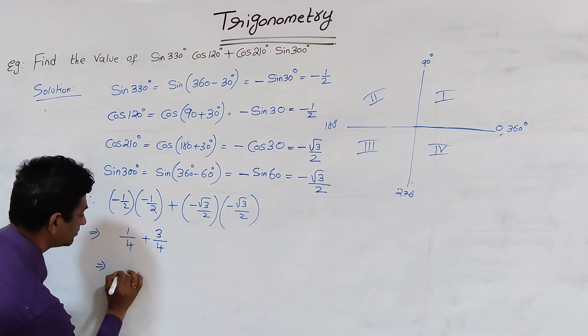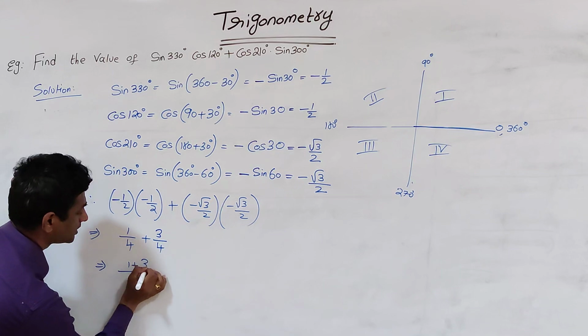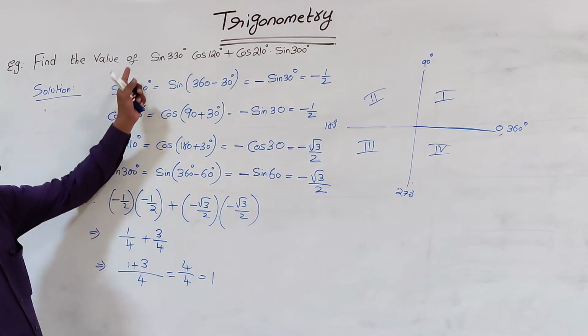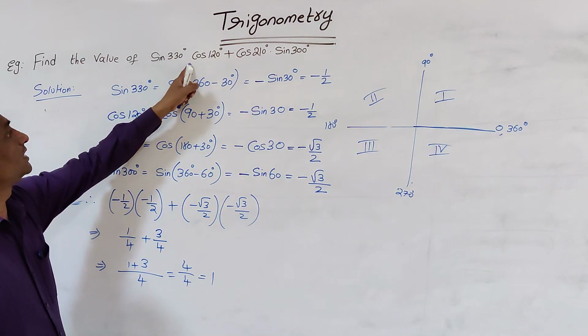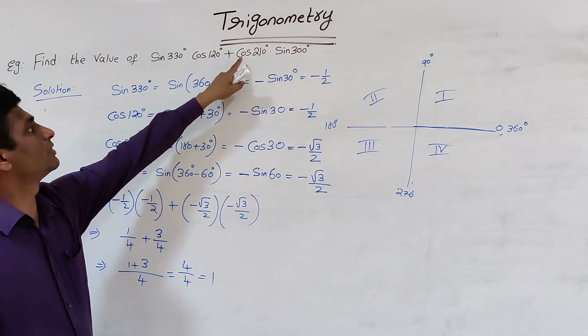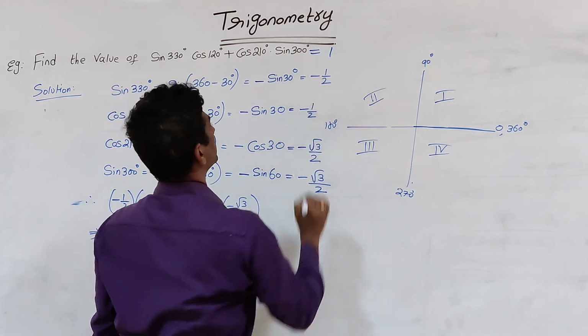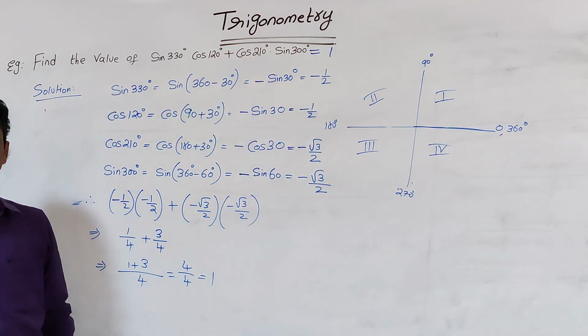Taking the LCM, 4, 1 plus 3 is 4 by 4, which is 1. So the value of sin 330 degrees cos 120 degrees plus cos 210 degrees sin 300 degrees is equal to 1. So the value is 1. So next problem.